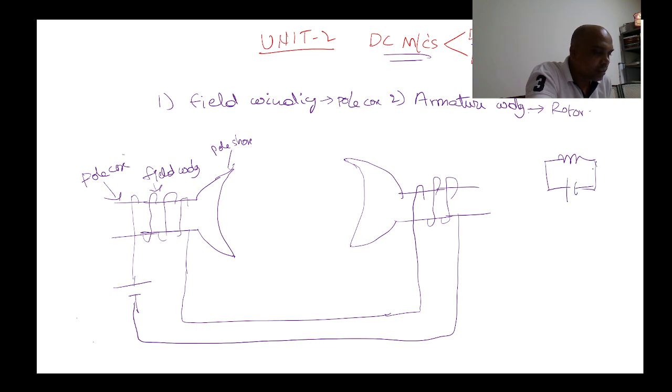DC means time invariant current. If you apply time invariant voltage, the current passing through the coil is also time invariant. So the magnetic field developed in the coil is constant.